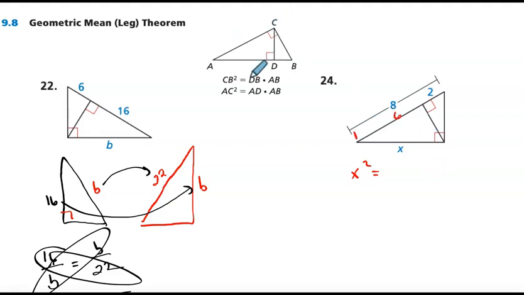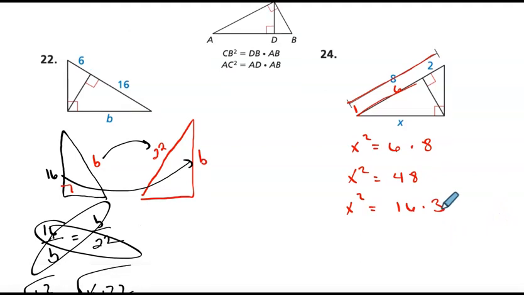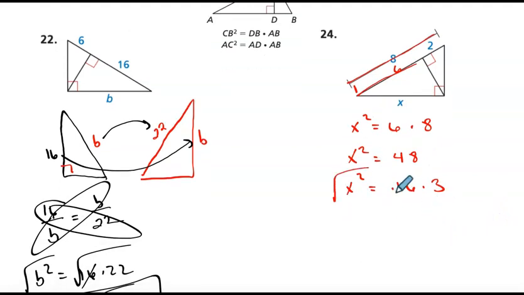So it's going to be x squared equals 6 times 8. The longer leg, it's going to be 6 times the whole thing, which is 8. And then I'll have x squared equals 48. x squared equals 16 times 3, which is 48. Square root both sides. x equals 4 radical 3.